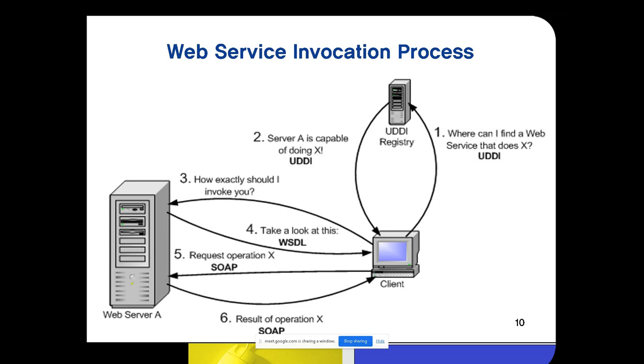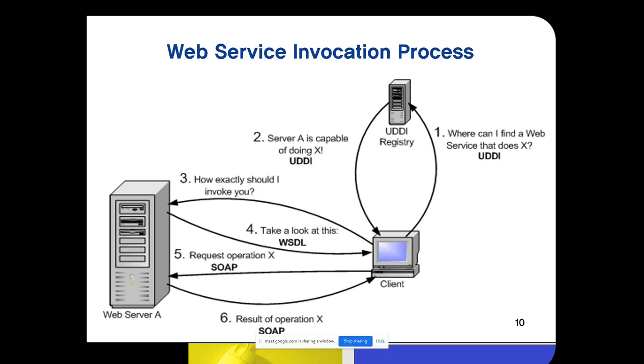As soon as it gets the request, it finds that server A is capable of doing web service X. Server A is nothing but one of the service providers that has connected with the UDDI registry. So the UDDI registry tells the client in the second message that server A is capable of doing that web service X.